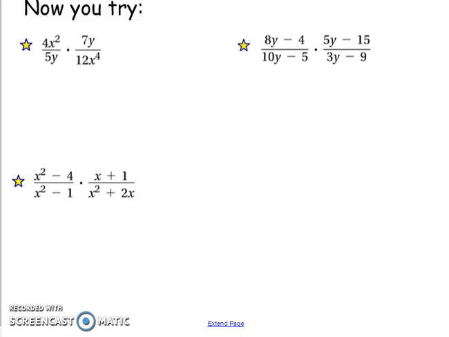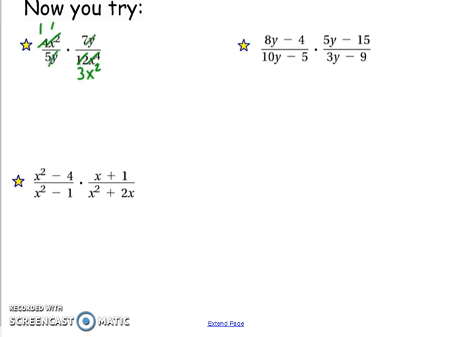So this 4 is going to go away and become a 1. This 12 is going to become a 3, because I've reduced that by dividing both by 4. With the x squareds, I can get rid of this x squared, and that would be a 1. And this x to the 4th is going to become x squared. Now, diagonally the other way, 7 and 5 you can't reduce, but the y's you can cancel out.